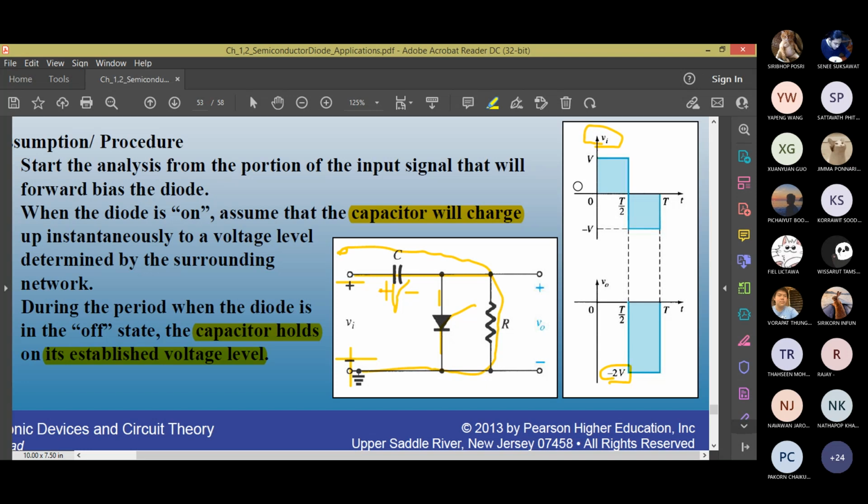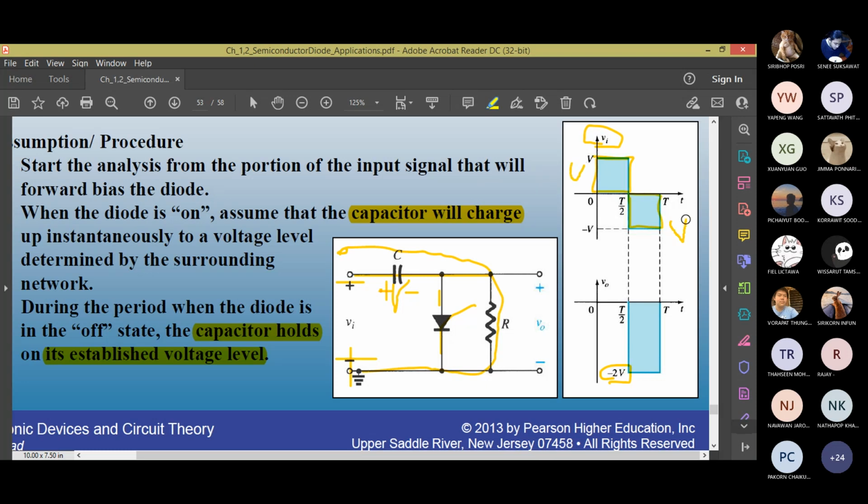The swing is determined from one extreme peak to the other extreme peak. Look at the input voltage. How much has it swung from 0? V volts, right? Here is V. And from here to here, ignore the negative sign. What is the amount that it goes on the negative side? Here it goes by V volts.